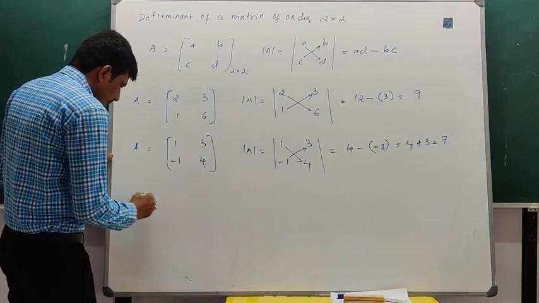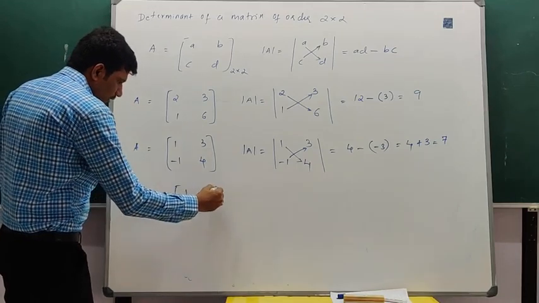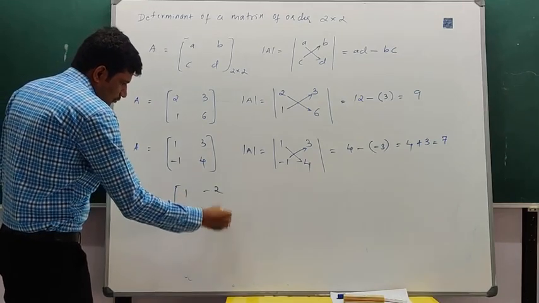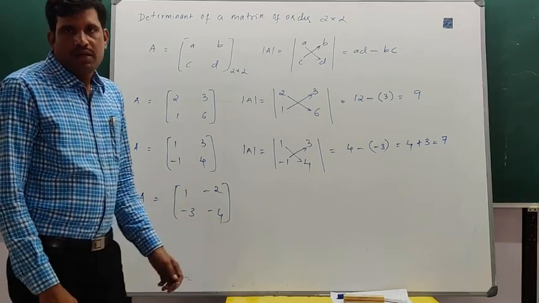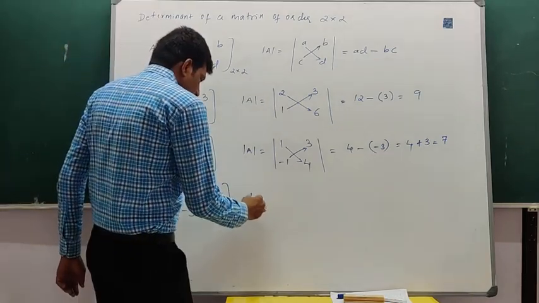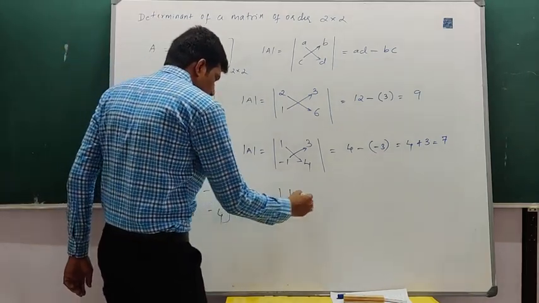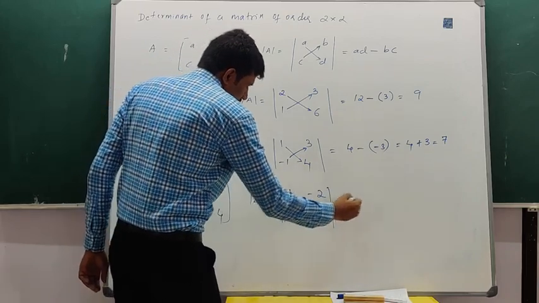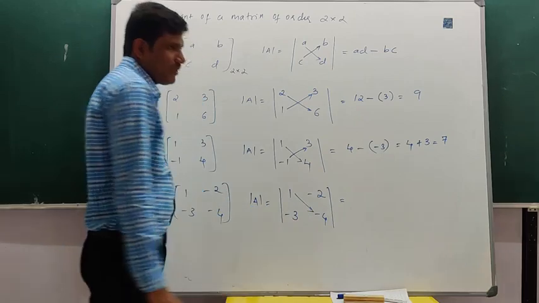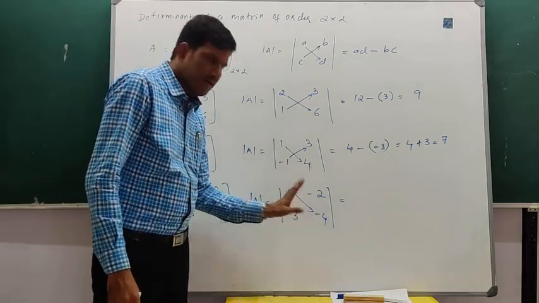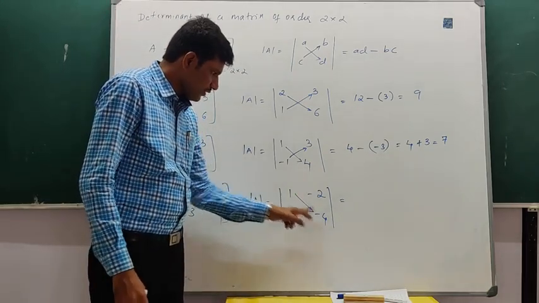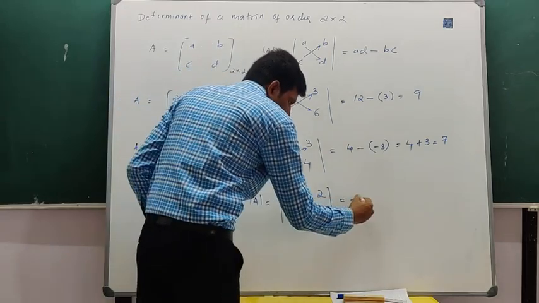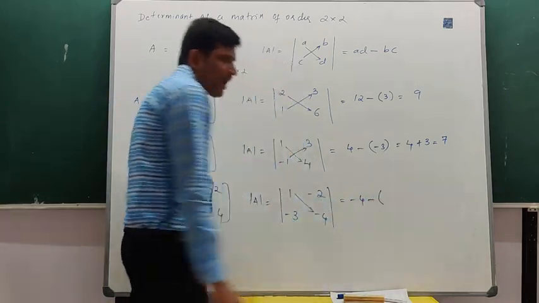Now matrix A is equal to 1, minus 2, minus 3, minus 4. So the determinant of A is the determinant of 1, minus 2, minus 3, minus 4. First we multiply these two elements, left to right. 1 into minus 4 is minus 4, put minus then bracket.